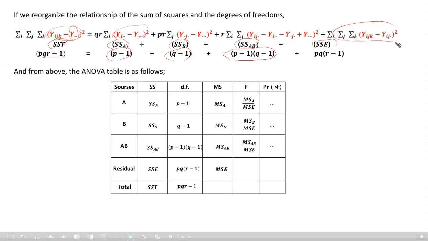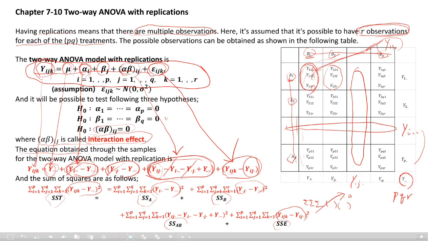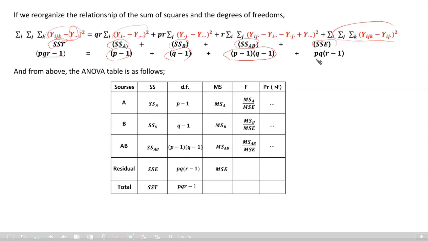Now see here, the residual sum of squares. Let's look at this table again. They have R minus 1 degrees of freedom, right? R minus 1 degrees of freedom for each of the PQ treatments. So PQ times R minus 1 is the degrees of freedom for SSE. Understand that?